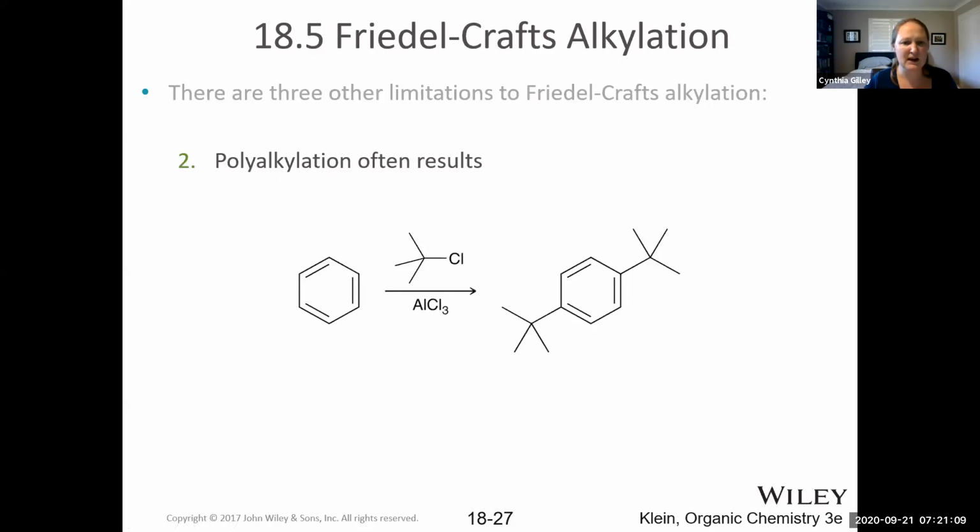With Friedel-Crafts alkylation, polyalkylation is a bit of a problem. The reason that this happens, the reaction happens more than once, is because the product, after it's added a single alkyl group, is actually more nucleophilic than benzene. So tert-butylbenzene is more nucleophilic than benzene. That's because the alkyl group is a weak electron donating group.